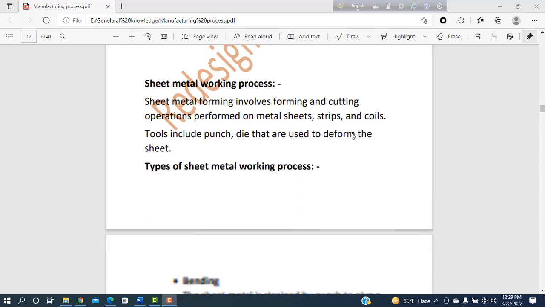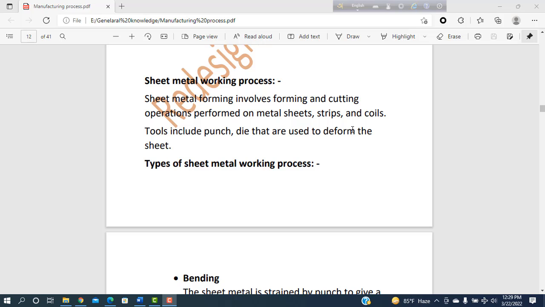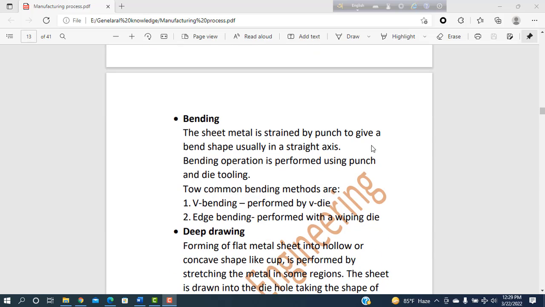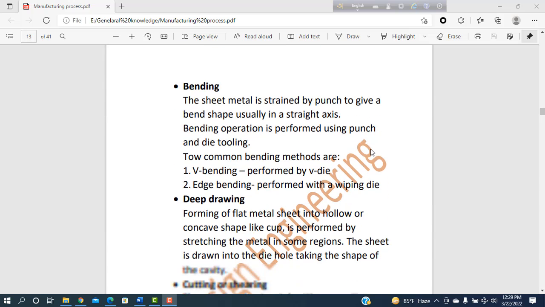Sheet metal working process. Sheet metal forming involves forming and cutting operations performed on metal sheets, strips, and coils. Tools include punches and dies that are used to deform the sheets. Types of sheet metal working process. Sheet metal working includes bending.